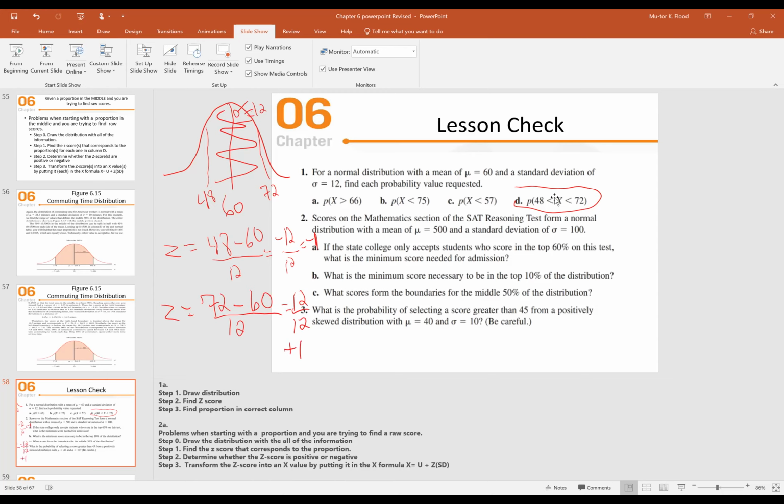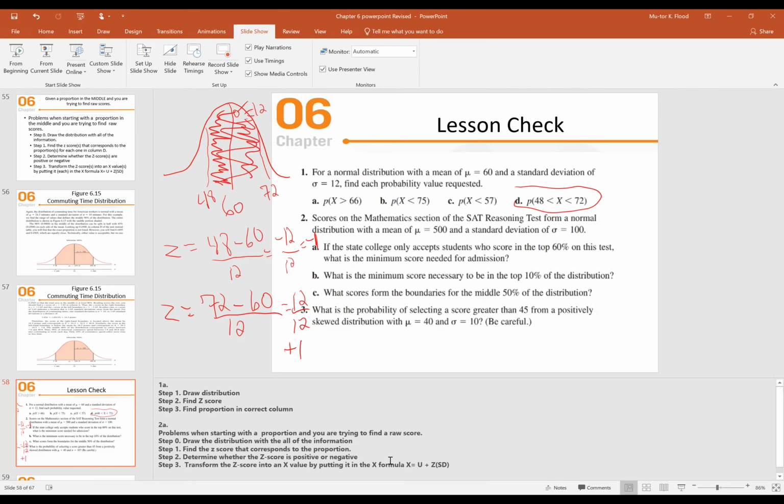Then the next step is to look for the probability. We're going to use column D to find the sections on either side of the mean.